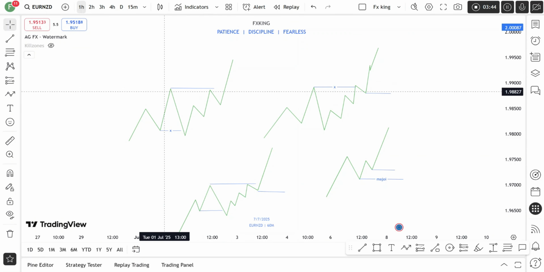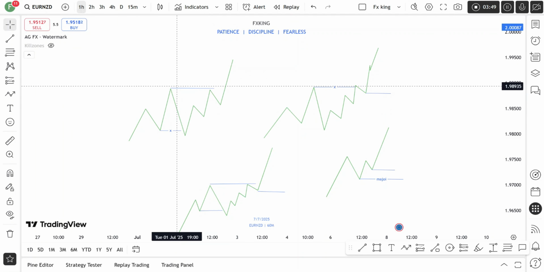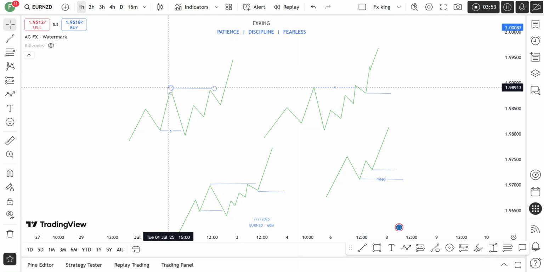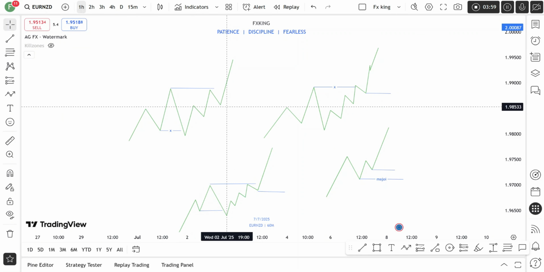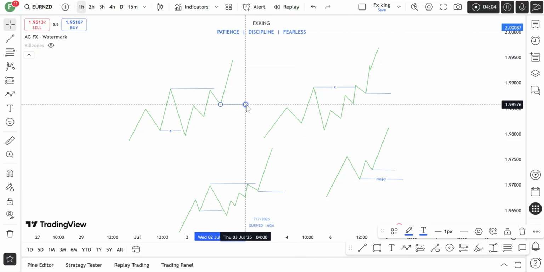With this valid break of structure, if you look from down, you see that the first pullback that you have occurred within this trading range. So this pullback now becomes a minor inducement. This is our minor inducement.